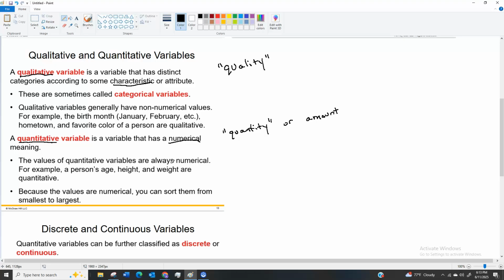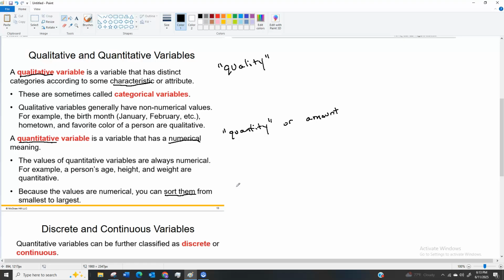How many credit hours you've earned would also be quantitative. And because quantitative values are numerical, you can sort them from smallest to largest. So you could say someone who has earned 10 credit hours has earned less than someone who has earned 20 credit hours, because the number 10 in that situation means they have less credit hours.